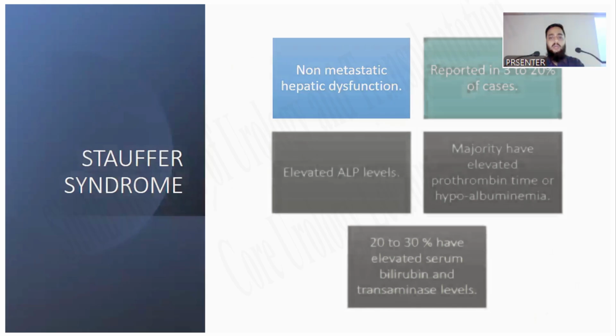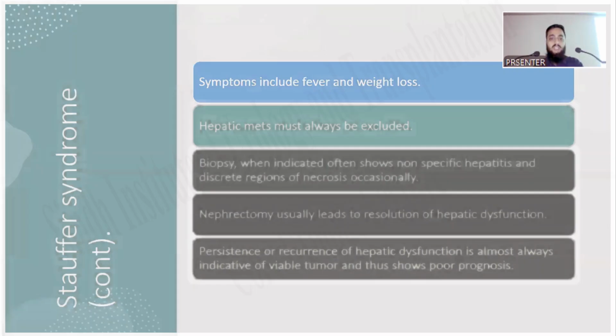Stauffer syndrome is defined as non-metastatic hepatic dysfunction reported in 3 to 20% of the cases. The majority have elevated prothrombin time and hypoalbuminemia, and elevated ALP levels. 20 to 30% have elevated serum bilirubin and transaminase levels. Symptoms include fever and weight loss.